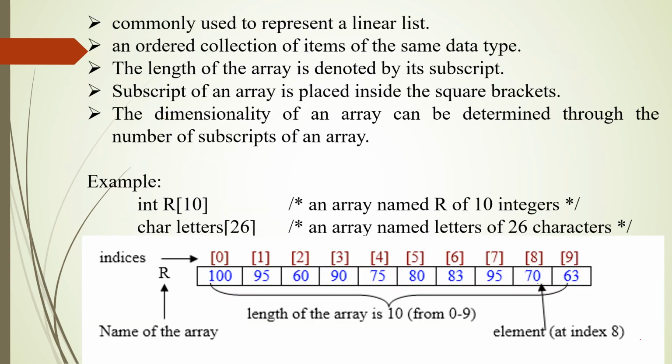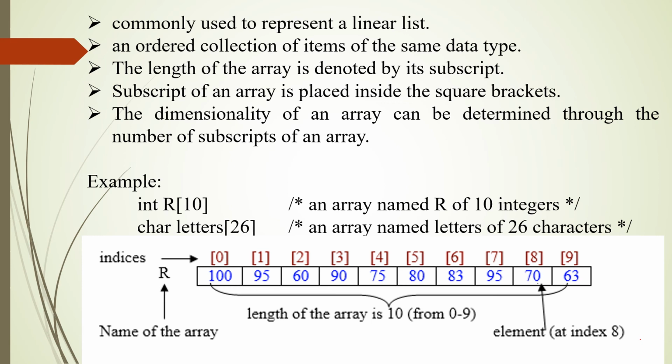The most commonly used way to represent a linear list is what we call an array. An array is an ordered collection of items that have the same data type, and the length of this array can be denoted by its subscript. If we have one subscript, then that is a one-dimensional array.